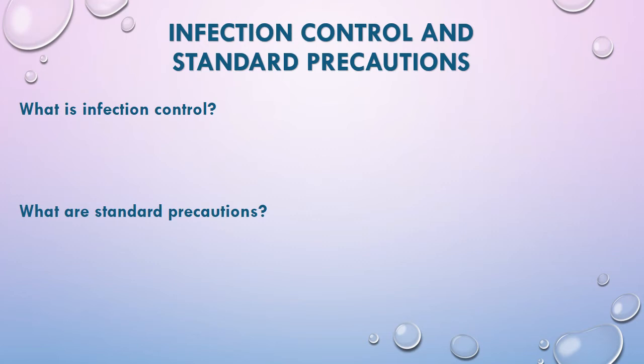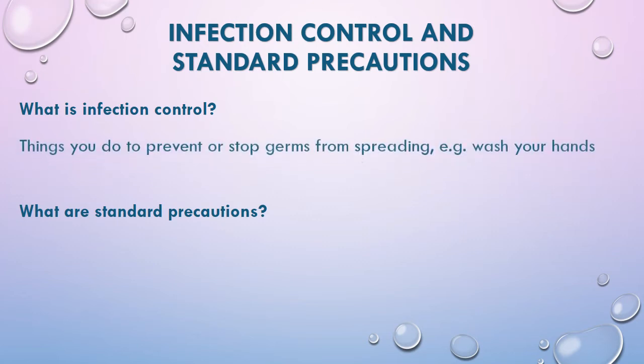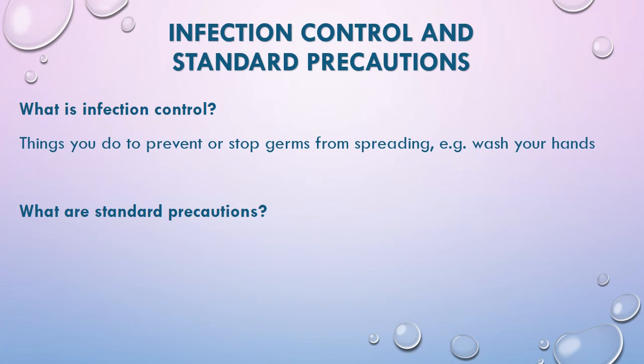Infection control is things you do to prevent or stop germs from spreading. For example, wash your hands. Washing hands is one of the most effective ways to prevent the spread of germs.